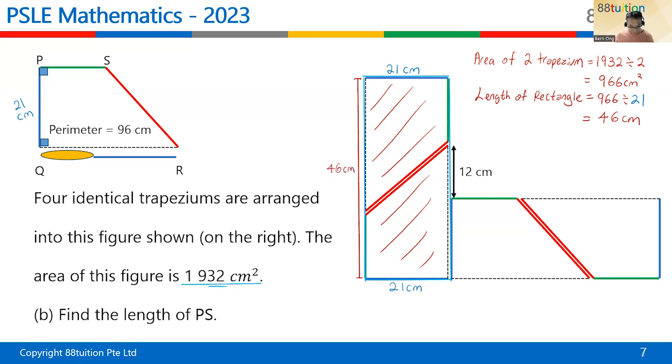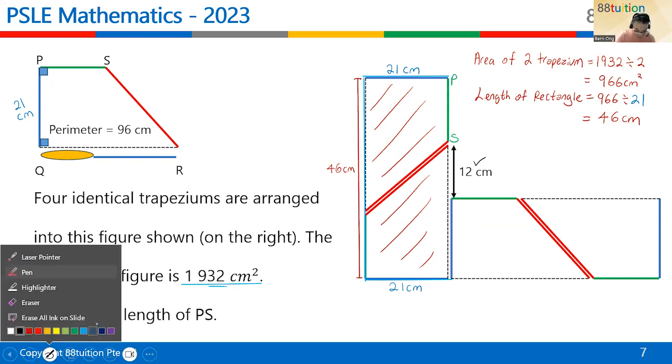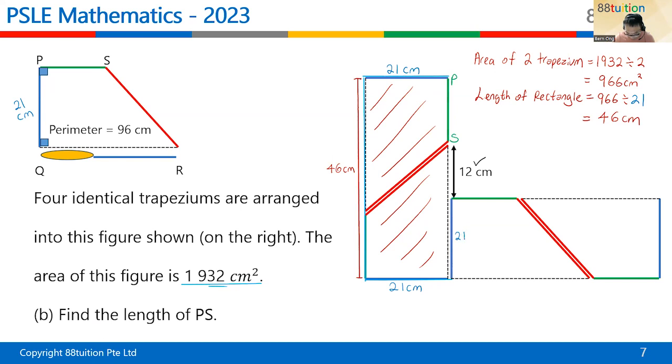Hey, what's the question? You're looking for what? You're looking for PS. Where's PS? PS is up here. This is PS, correct now. Looking for the green. And this portion, the question gives you as a 12. Thank you, teacher. And this portion, the blue, is a 21 cm, which you found from part A. Oh, very simple.